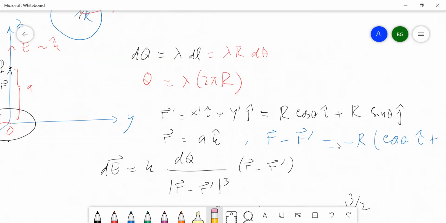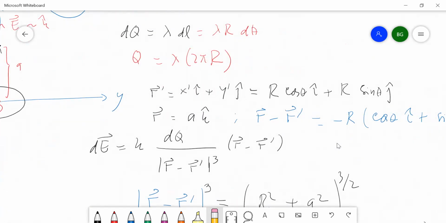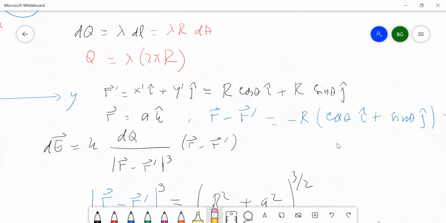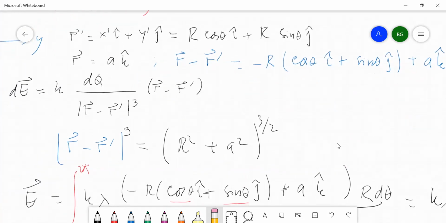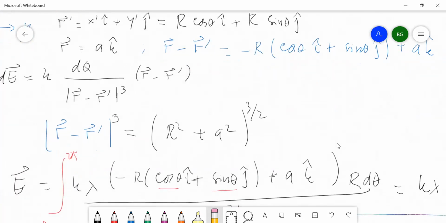Jadi dapatkan R besar itu adalah radius dari cincinnya. Kemudian koordinat medannya kalau Anda lihat di sini itu hanya sepanjang sumbu z ya. Jadi a kali k di situ. Jadi kalau Anda langsung masukkan R dikurangi R prime, itu didapatkan seperti ini. Oke. Nah, kalau Anda hitung besarnya, R kurang R prime besarnya adalah R kuadrat ditambah a kuadrat pangkat setengah.